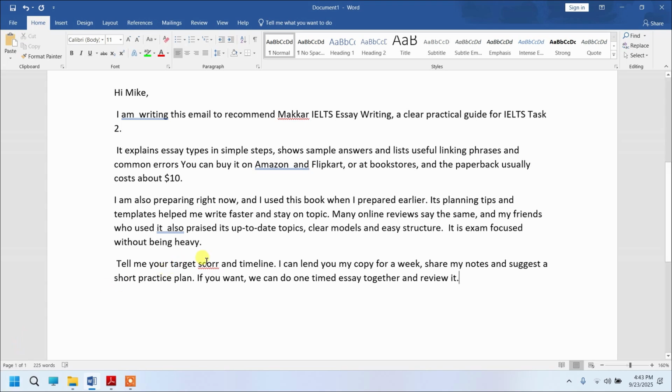As of now, I feel like this is 6.5 plus. I'm not that sure about 7. Why? Most of the sentences are simple only. This is simple, this is compound, this is compound, then this is simple.